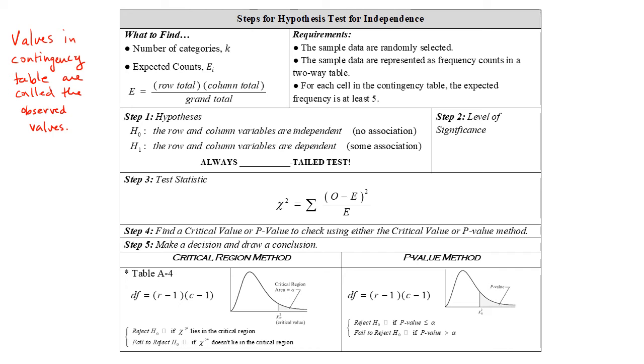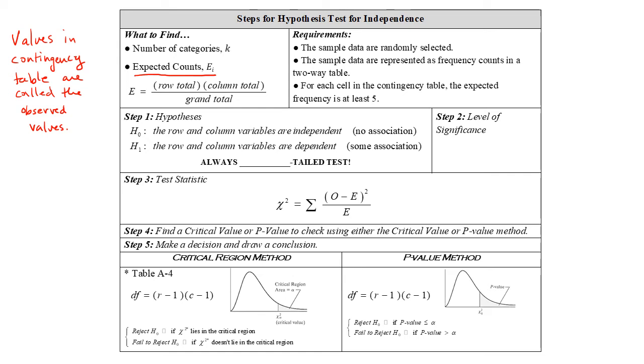So we'll look at that in a moment, how that's done. But essentially what it does is it ensures that the probability of event A times event B is equal to the probability of both event A and event B. And then, of course, we know that that means that those two events would be independent. Okay, so that's the first thing, is to compare those expected values with our observed values.